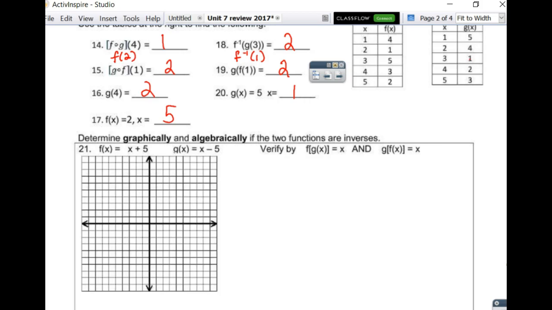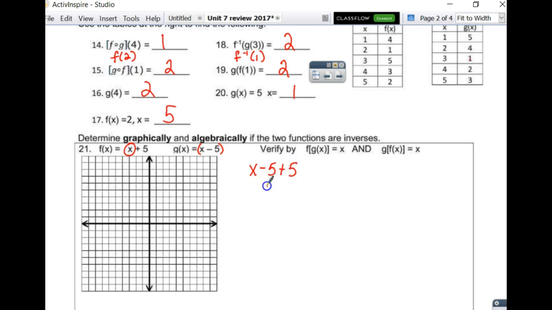Okay. So how do I verify if they're inverses? What do they have to equal when x, right? So the first one I'm going to do is f of g of x. So this is the one you were having a problem with. So I'm going to take the g of x and put a parenthesis here and then substitute it in for x in the f. So I'm going to get x minus 5 plus 5.